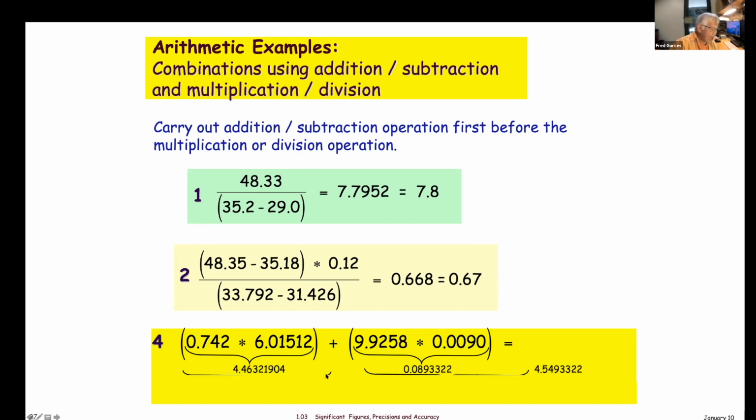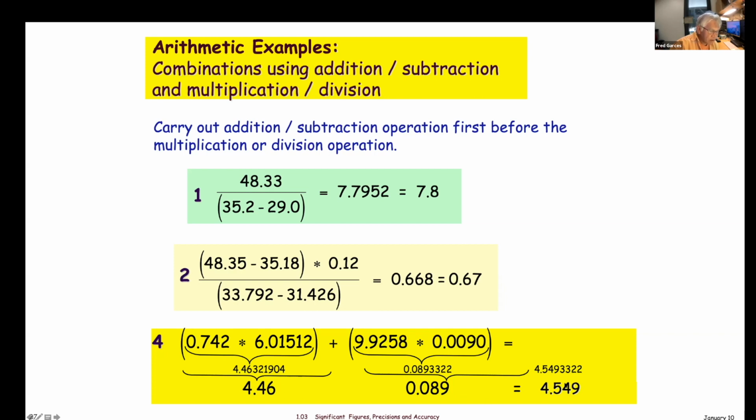And then when you add them, 2 significant figures here would be 0.089. 3 significant figures here would be 4.46. 4.46 is to the 100th of a place. 0.089 is to the 1,000th of a place. Notice this is an addition, right?